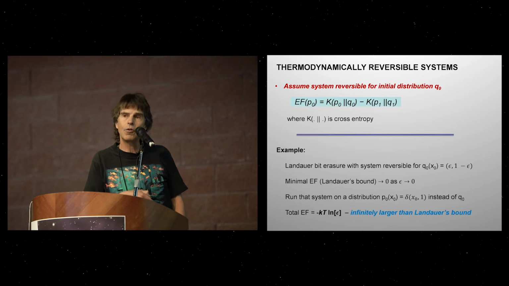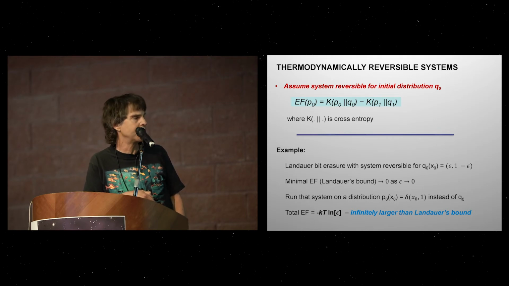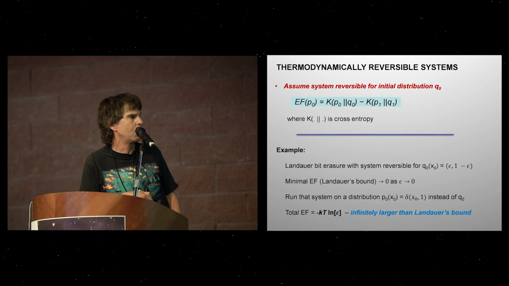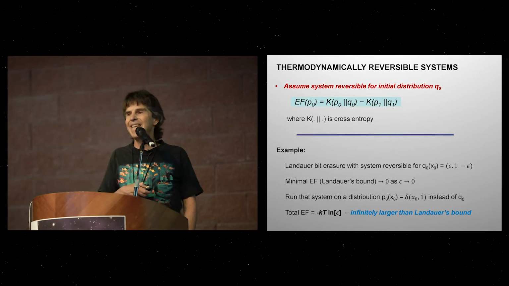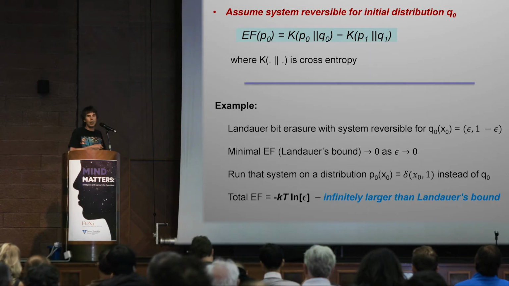In this case, the total amount of heat that my system produces, the total amount of free energy it takes to run, is minus KT log epsilon. In the limit that epsilon goes to 0, this is infinitely larger than Landauer's bound. So you make your thermodynamically reversible bit. It's thermodynamically reversible for what you think the distribution is. You're wrong in your assumption, and now you can actually violate Landauer's bound to an arbitrarily large degree.